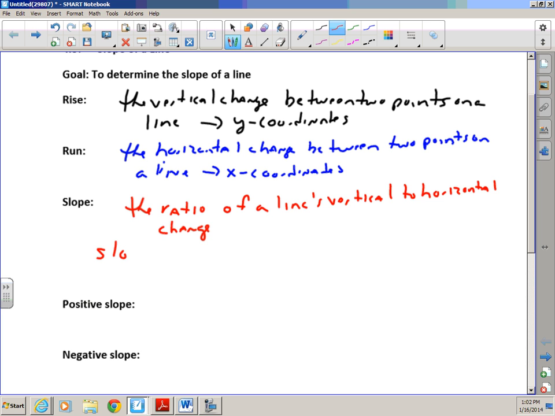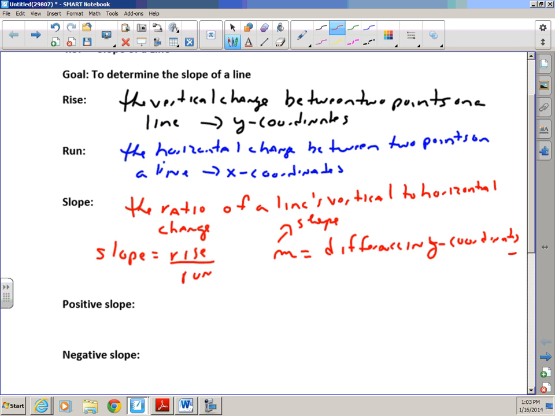So we say slope is equal to rise over run, or m, which is the math symbol for slope, is the difference in y coordinates, because if we're looking for change, it's difference, divided by the difference in x coordinates.